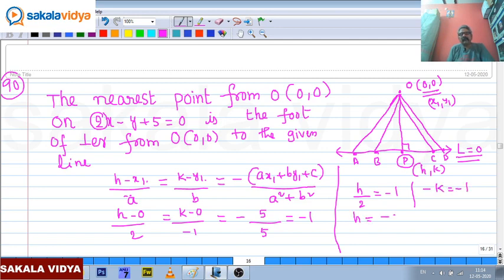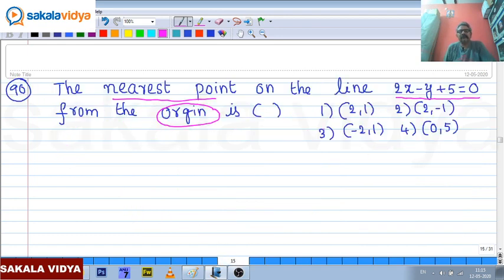H equal to minus 2, k equals 1. So that means the required point is minus 2 comma 1. So which is the right option? The third option is the right option.